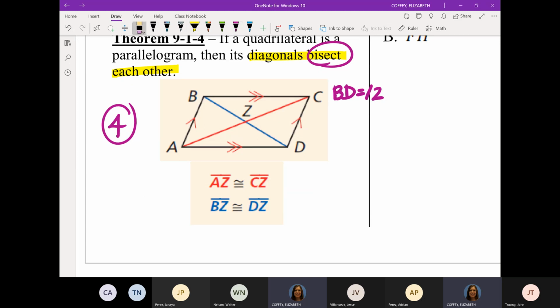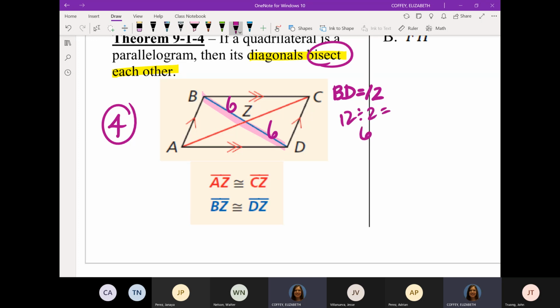So that means BZ would be 6, and so would ZD. If they give you the entire length of the diagonal, in this case BD, you divide that by 2, right? 12 divided by 2 is 6, okay?